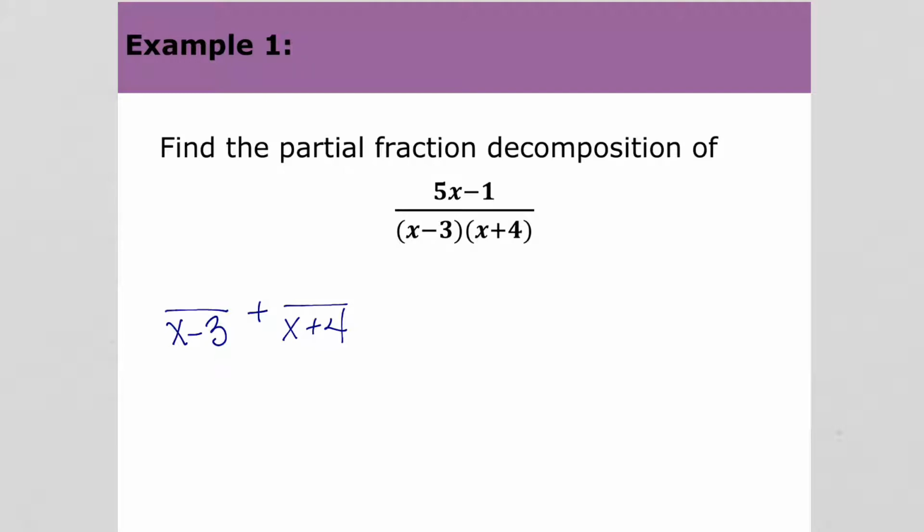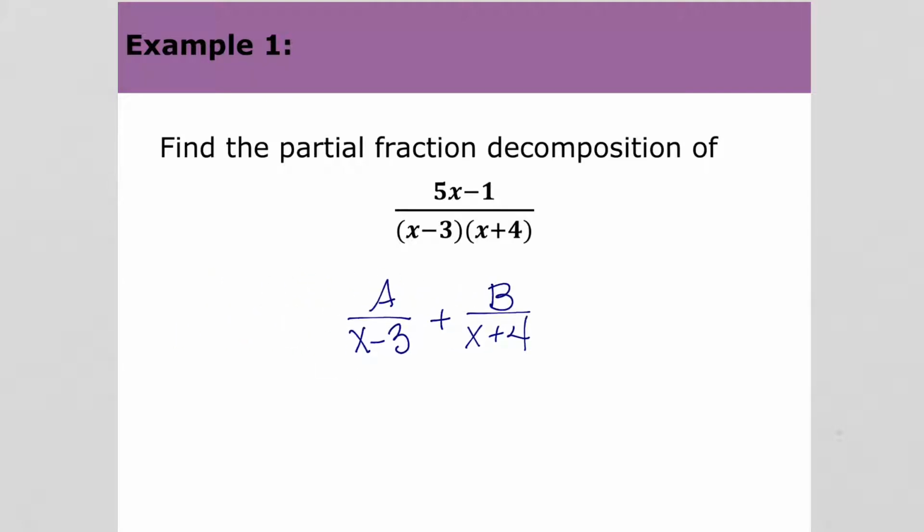We can't just say 5x on top of the x minus 3 and minus 1 on top of the x plus 4. It doesn't work that way. So in order to figure out what we have on top, we'll call them A and B. And then we'll go through a process of steps in algebra that will help us figure out what will go on top of those.